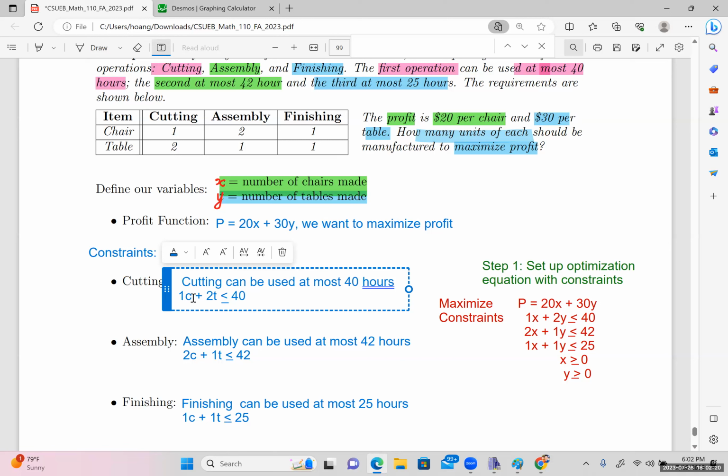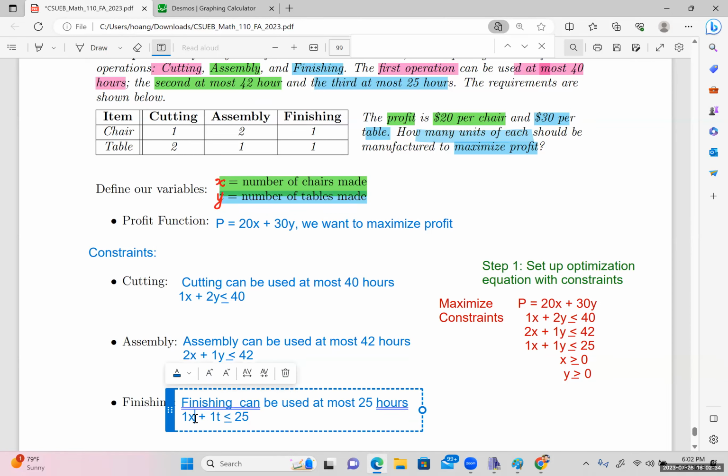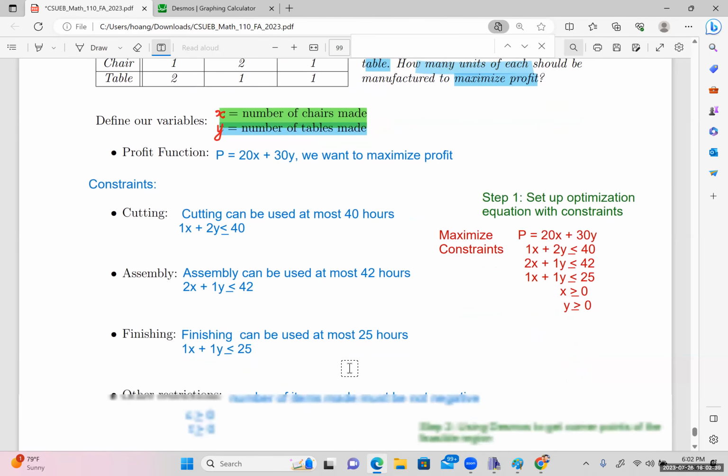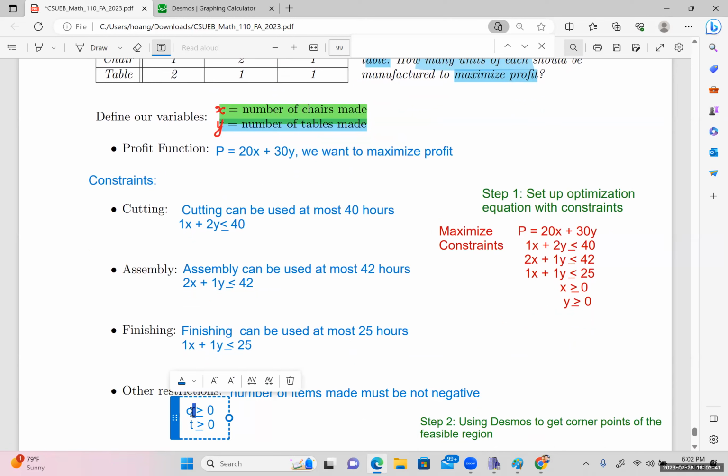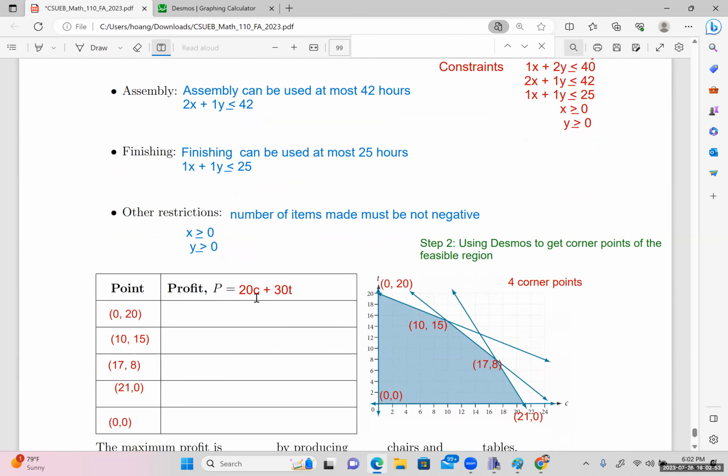This is X. This is Y. This is X. This is Y. This is X, Y. Okay, is there anything else? No, right? Nice. So I'm going to change it to be X and Y.